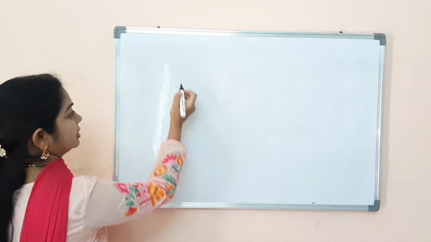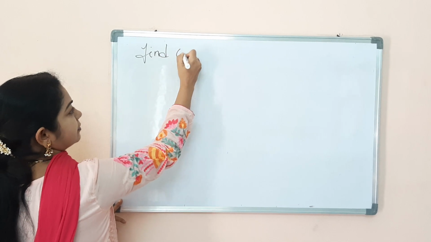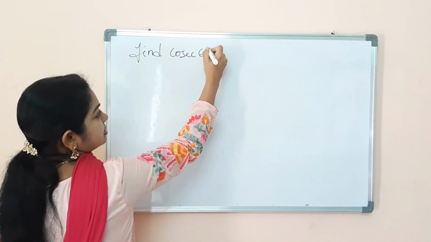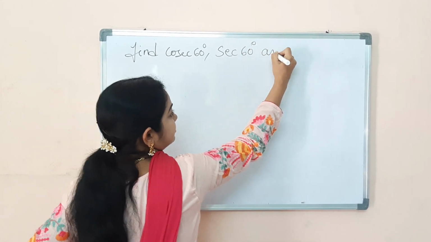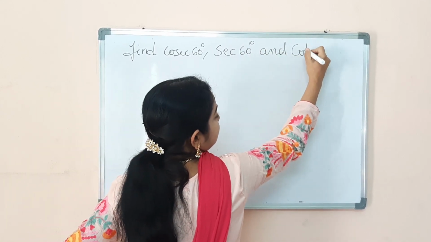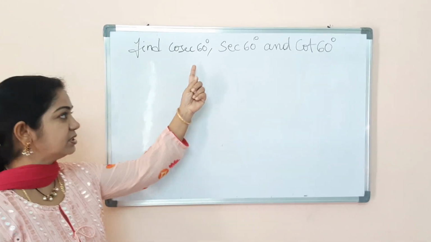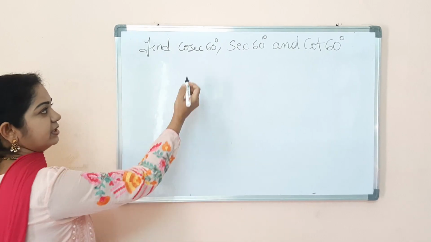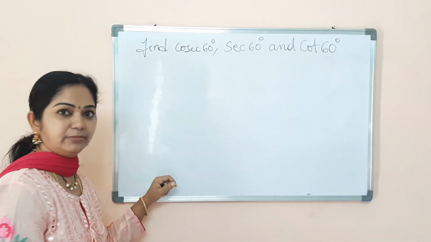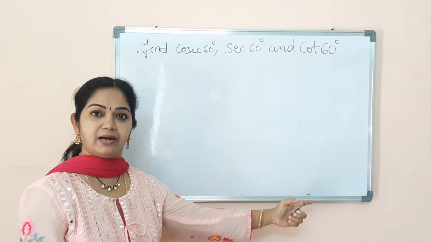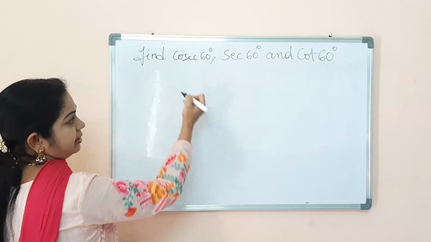Find cosecant 60 degrees, secant 60 degrees and cot 60 degrees. This is a problem in your textbook. So for this, instead of writing the complete tabular column, you can write it in your rough part, or else you can do it this second way.